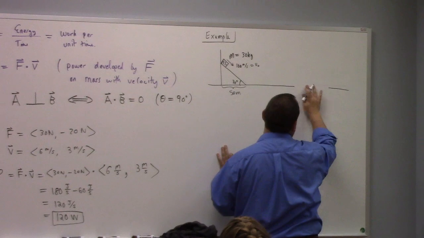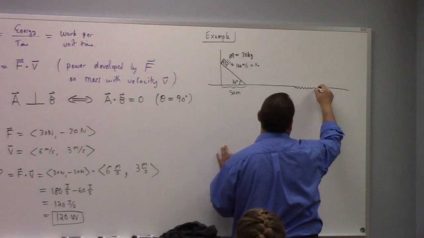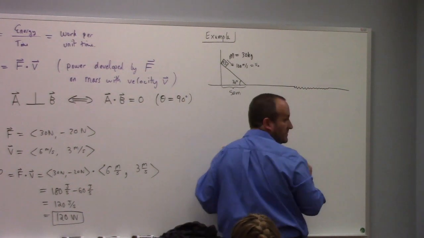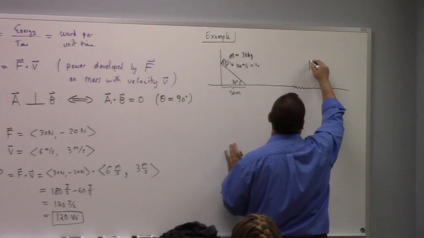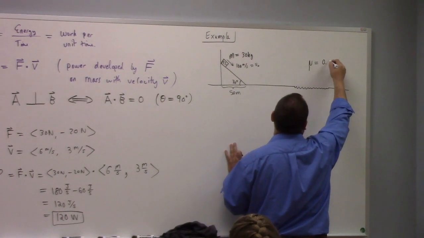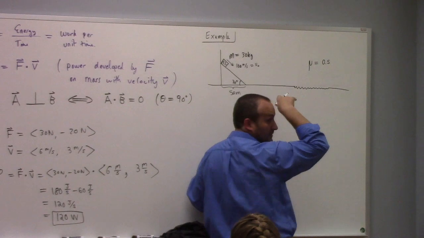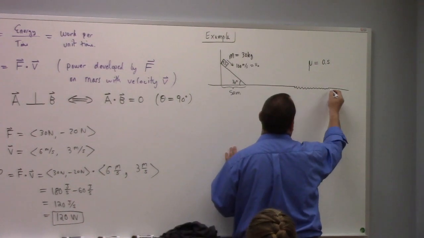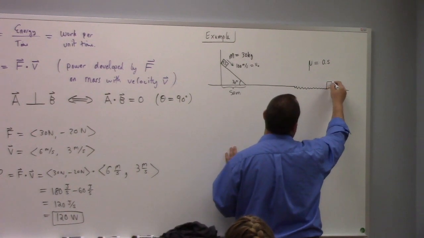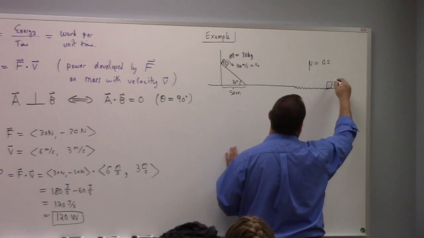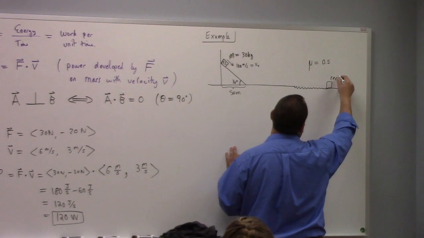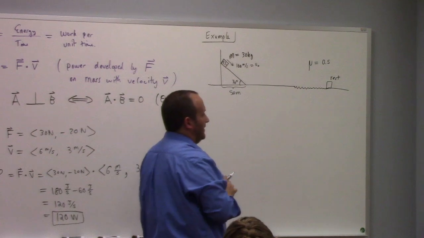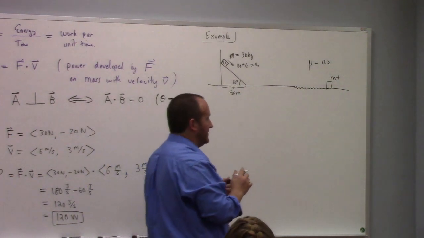There's a rough spot. And the coefficient of friction over here is 0.5 again, all right? And the question is, if the box just comes to rest right here, then how long is this rough spot?